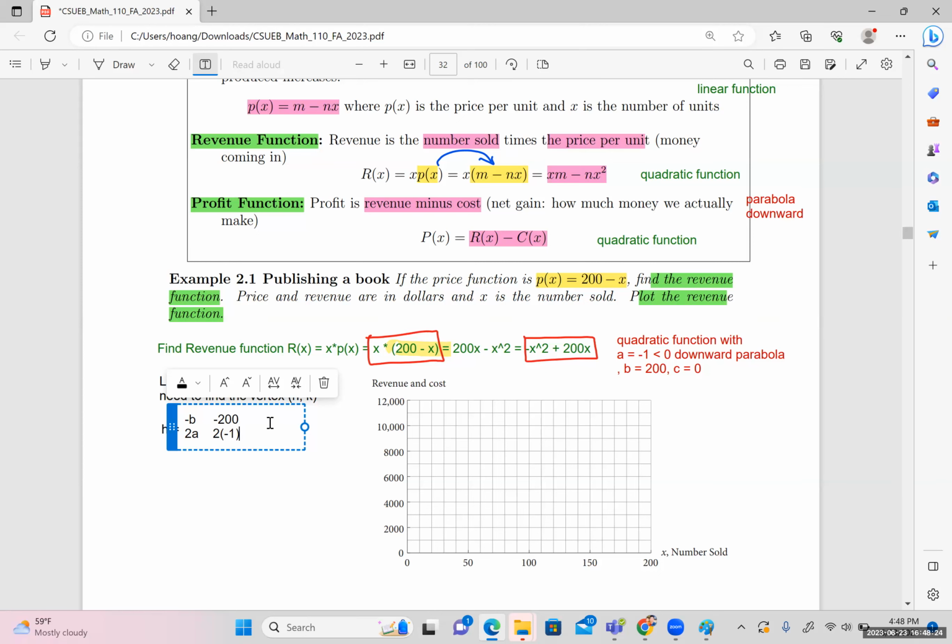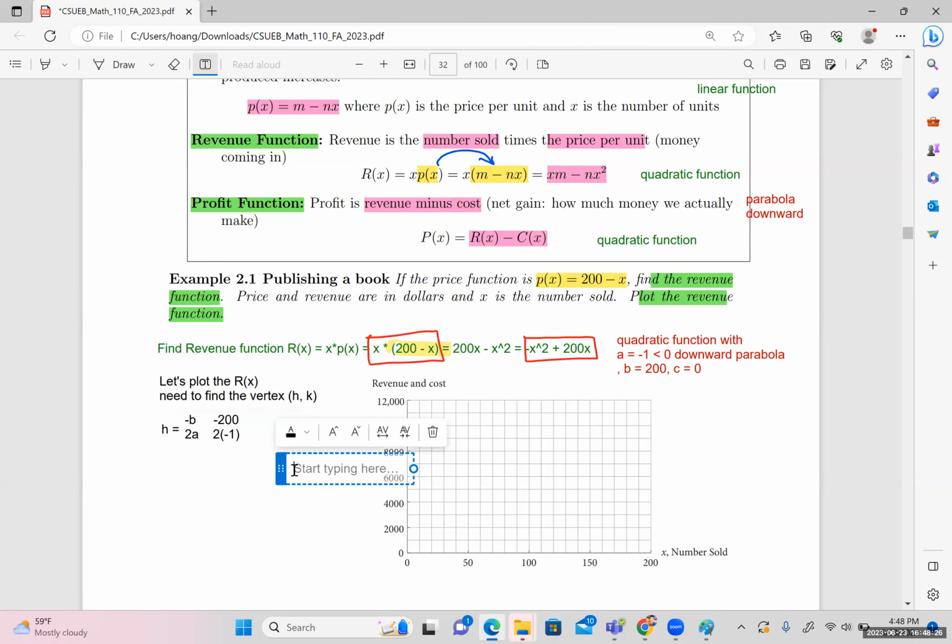Using calculators, you must have the answer negative 200 divided by negative 2, so it's going to be 100, right?